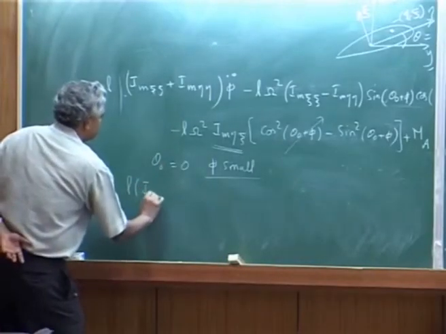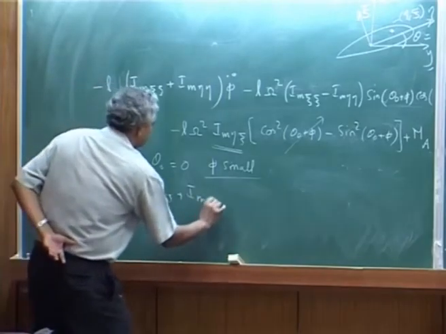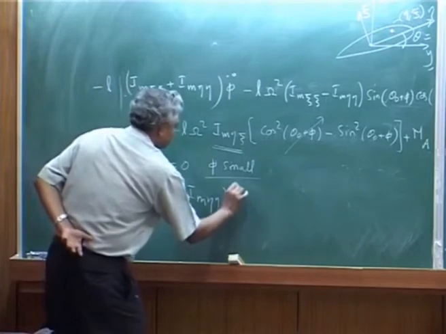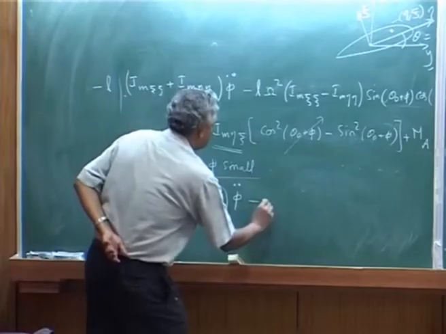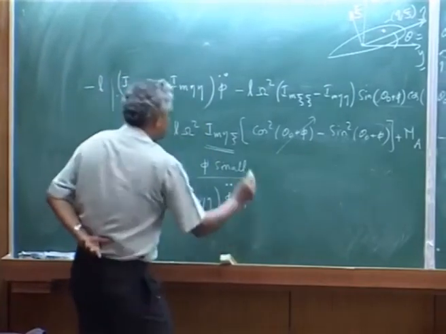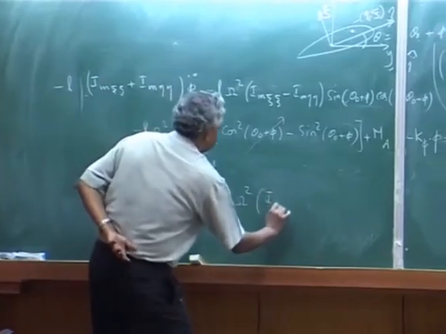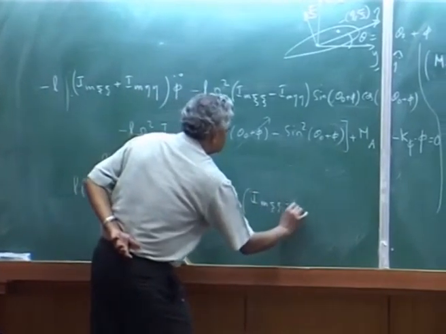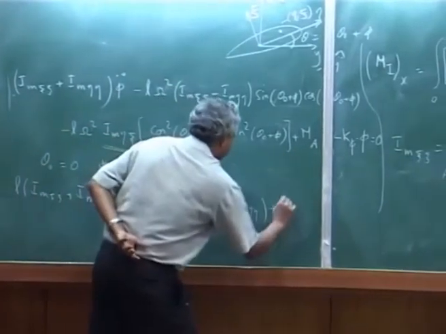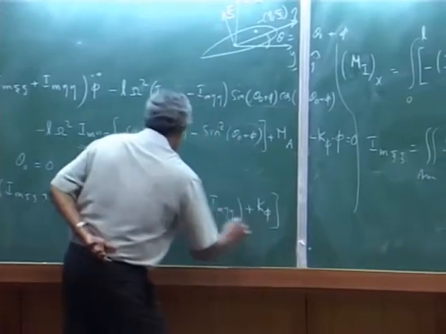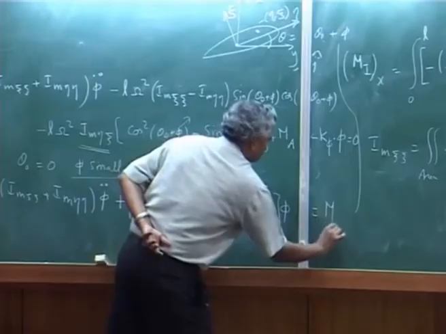L, because this is just to give you the frequency, but the precise one is L, okay. Then plus, I am changing the sign, plus L omega square I m psi minus I m eta eta plus k phi p equals aerodynamic moment.